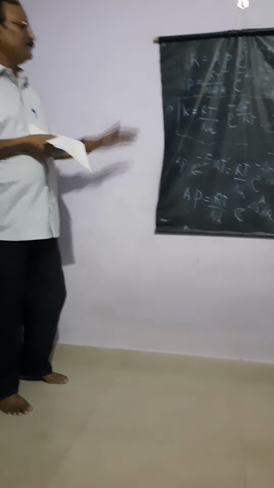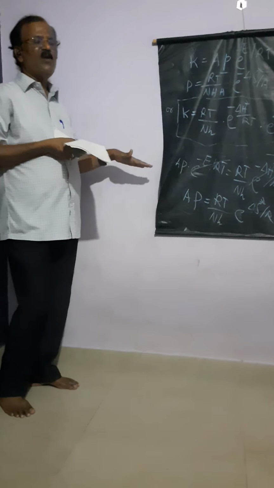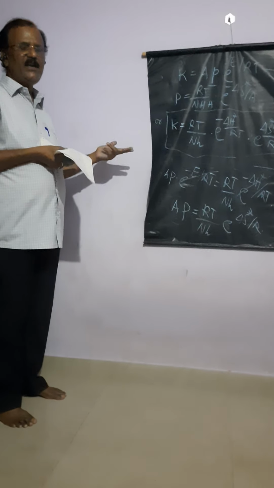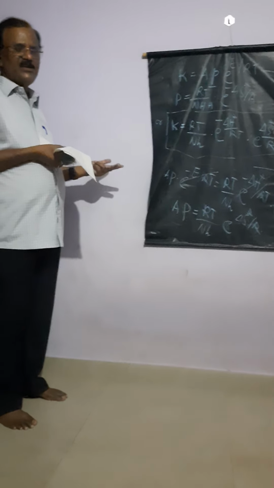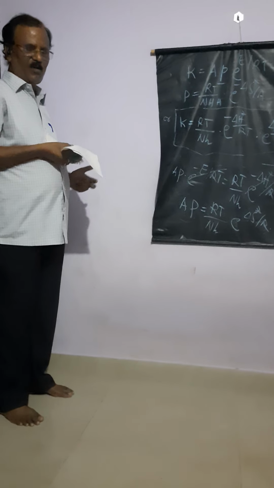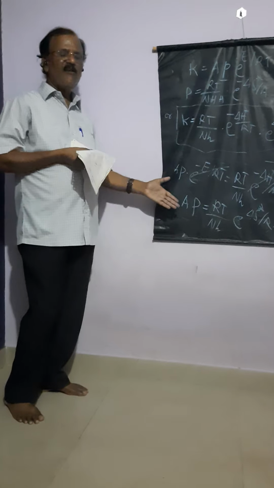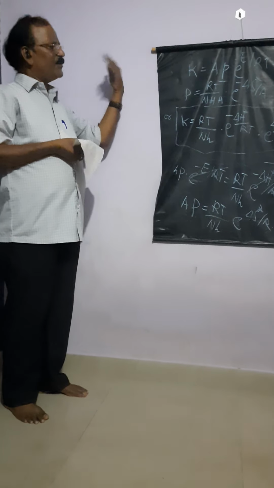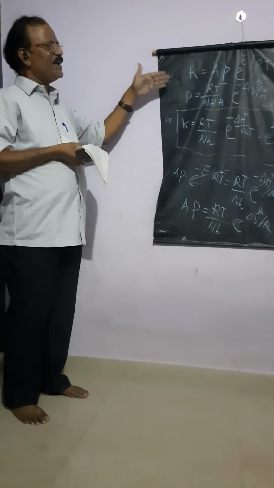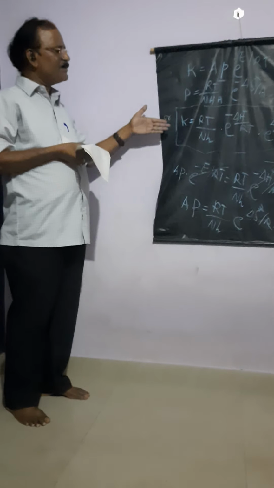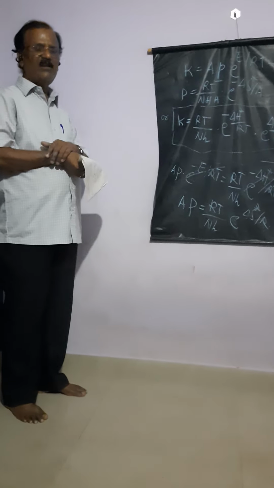These two theories are important. From the point of examination, both collision theory and transition state theory are very important. If they ask for the mathematical expression, you can write all these equations, or you can simply write a note on this: part 1 expression, and part 2 the mathematical expression for transition state theory.